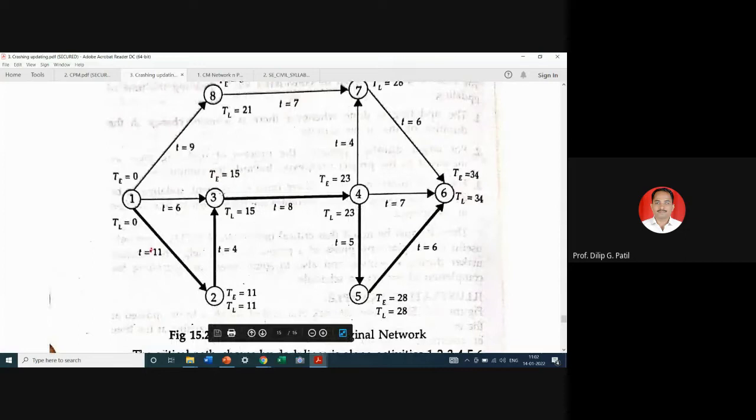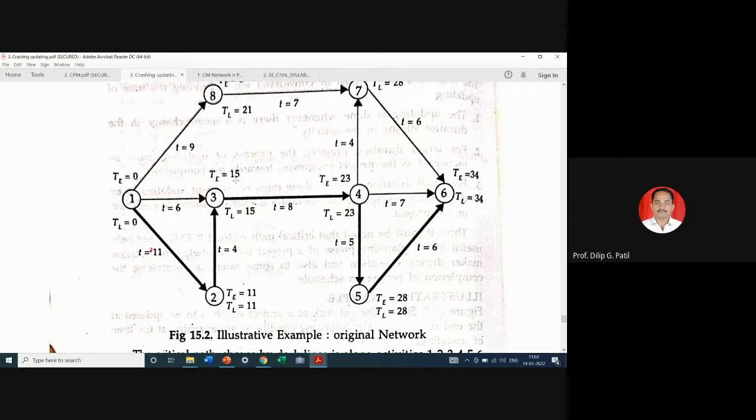So you may be wondering why, although event number 1 and 3 are critical, activity 1, 3 is not critical. We have seen the project duration is addition of all these critical activities. If we take this path, then it will not come to 34. So we will not consider this because instead of this 6, here we have duration of 11 plus 5 as 15.